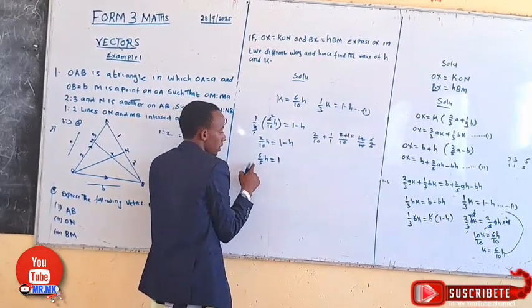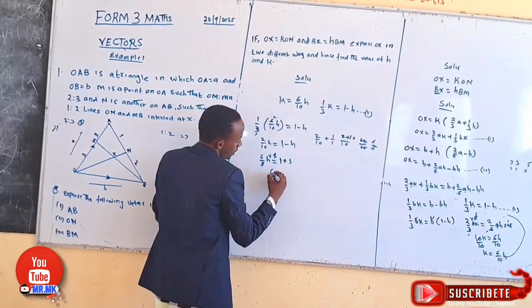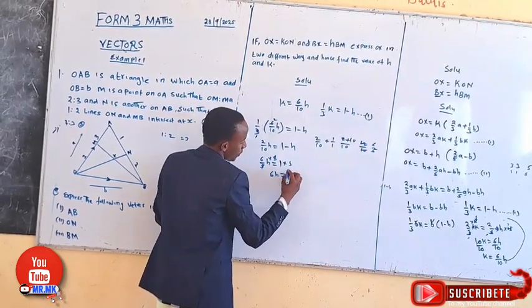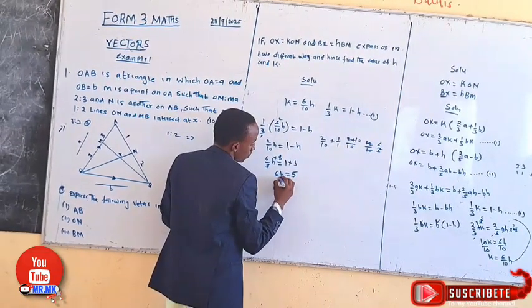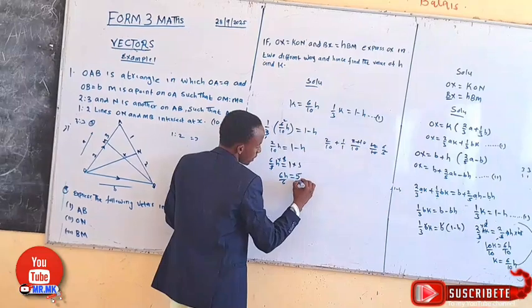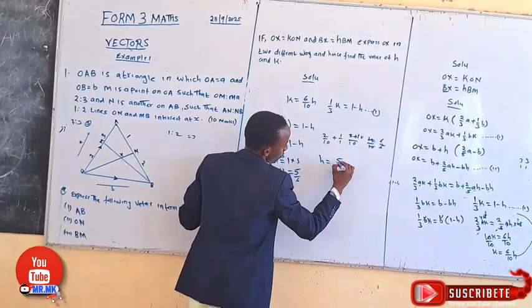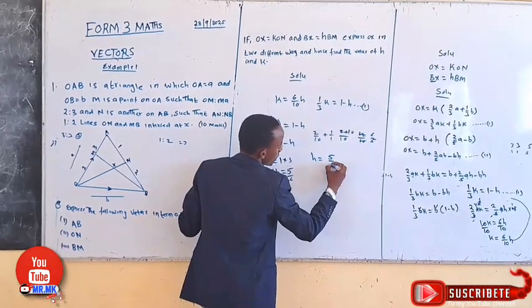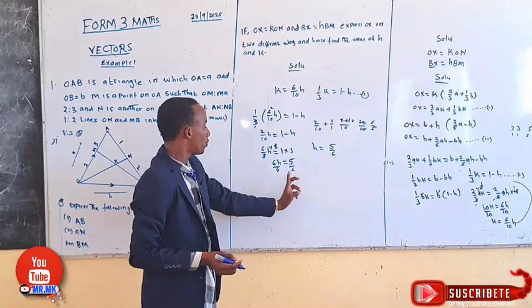If I want to remain with h alone, times 5 on both sides. 5 will cancel. 6h is equal to 5 times 1, which is 5. I want to remain with h alone, divided by 6. Now the value for h will be 5 over 6. If the value for h is 5 over 6, what is the value for k?